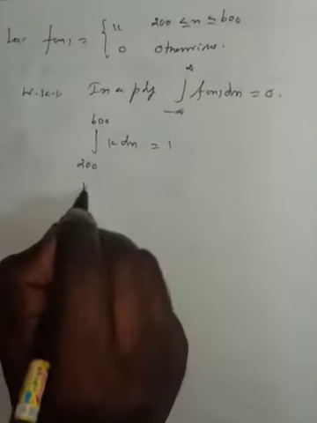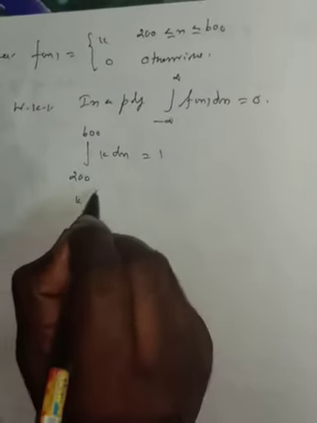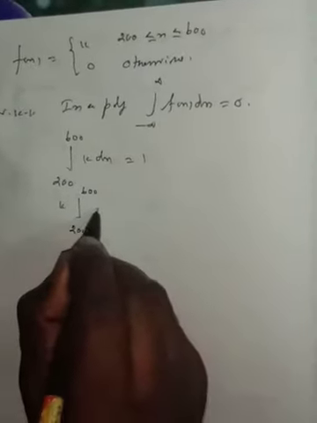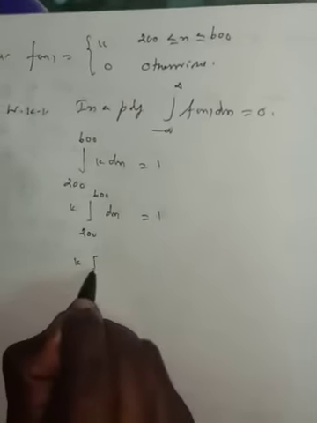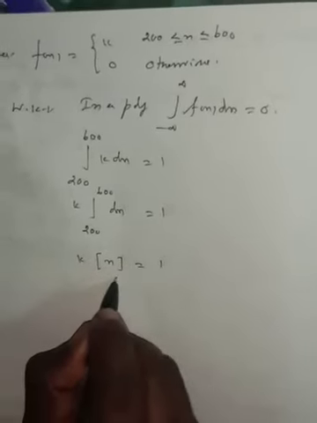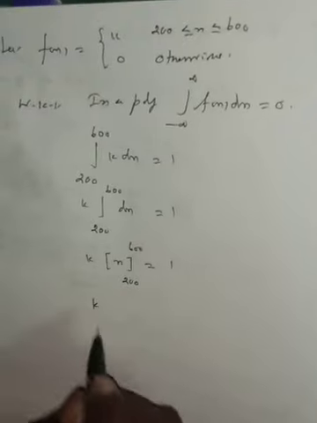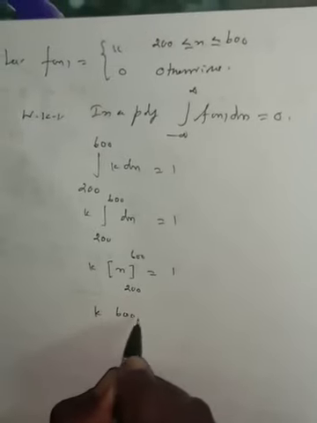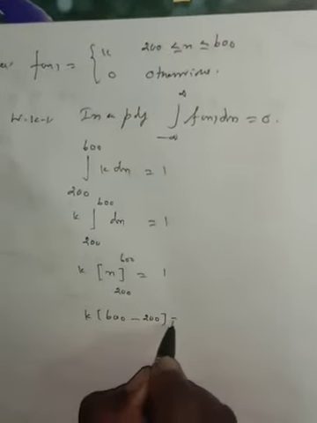K is a constant number outside the integral. 200 to 600 dx is equal to k x is equal to 1. Take note of the limit 200 to 600: k times 600 upper limit minus lower limit is equal to 1.